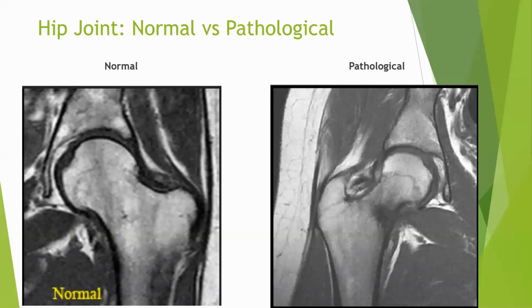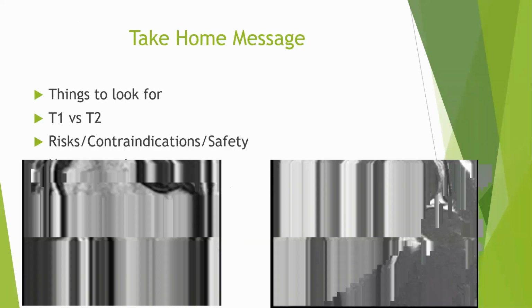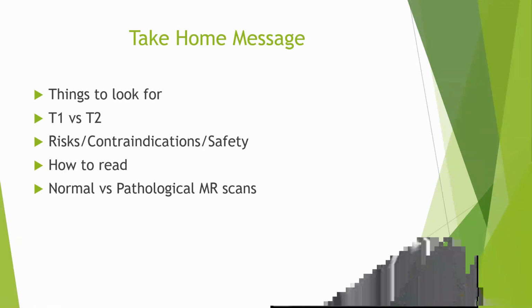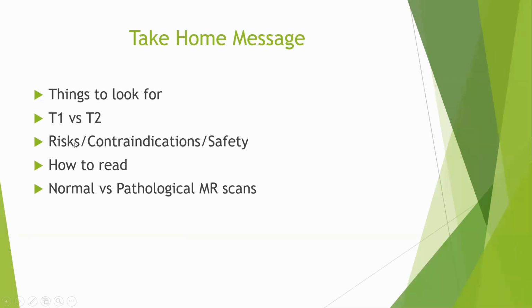All right, lastly, take home message. When you come back to this video later on, probably on YouTube, here are the things to look for within an MR scan. When do you want T1 versus when do you need T2 weighted images? Obviously, contraindications and safety risks. Remember, if someone is claustrophobic, probably it's a no-no.